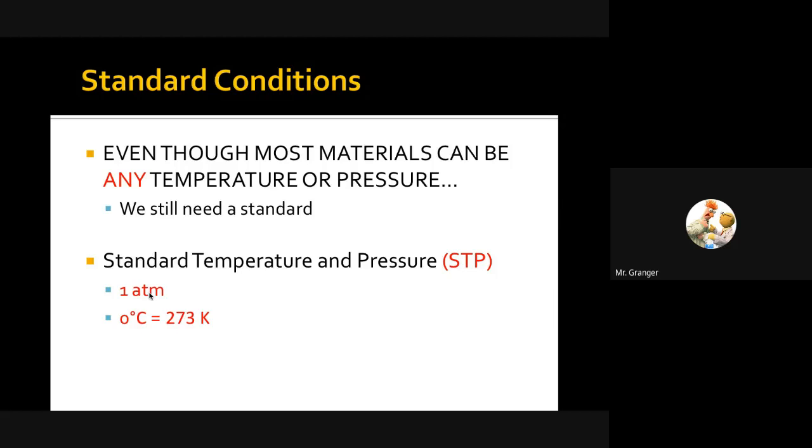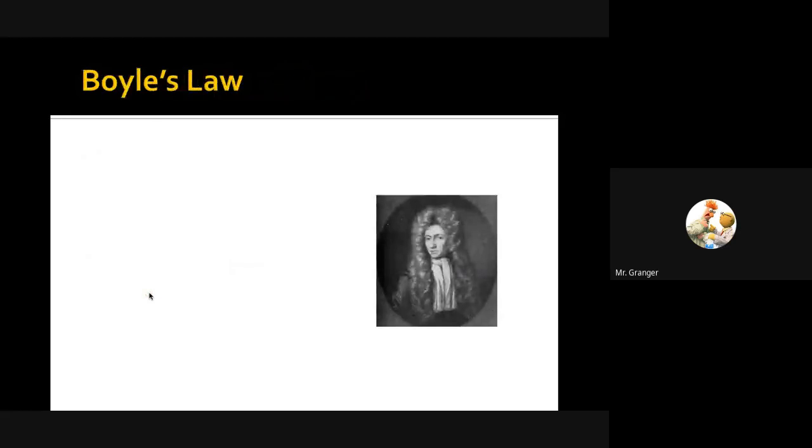Our standard temperature for a gas is going to be 0 degrees Celsius, which is the freezing point of water, remember. Or if we convert that and add Kelvin units to convert it into Kelvin, our value is 273 Kelvin for the freezing point of water. So 1 atmosphere pressure, and then temperature is 273 Kelvin or 0 degrees Celsius.